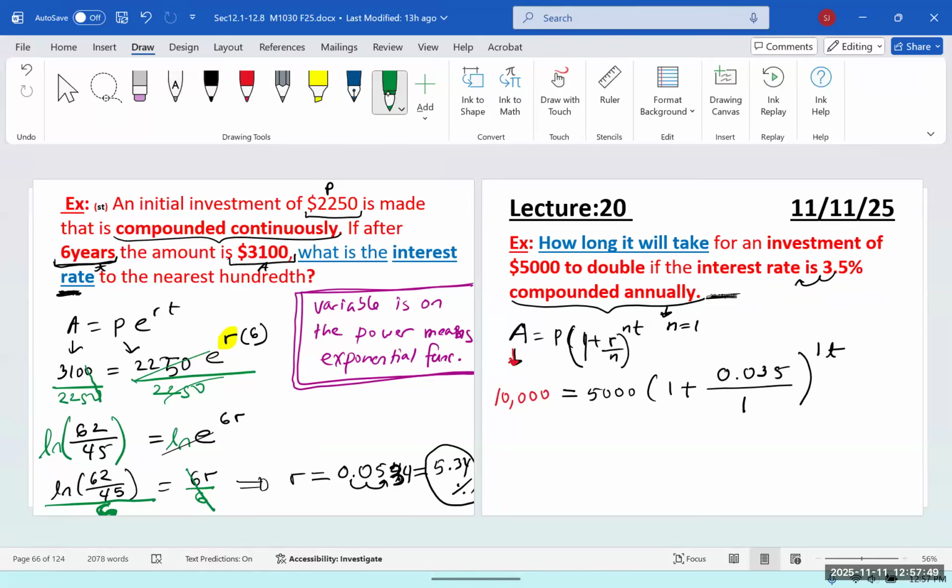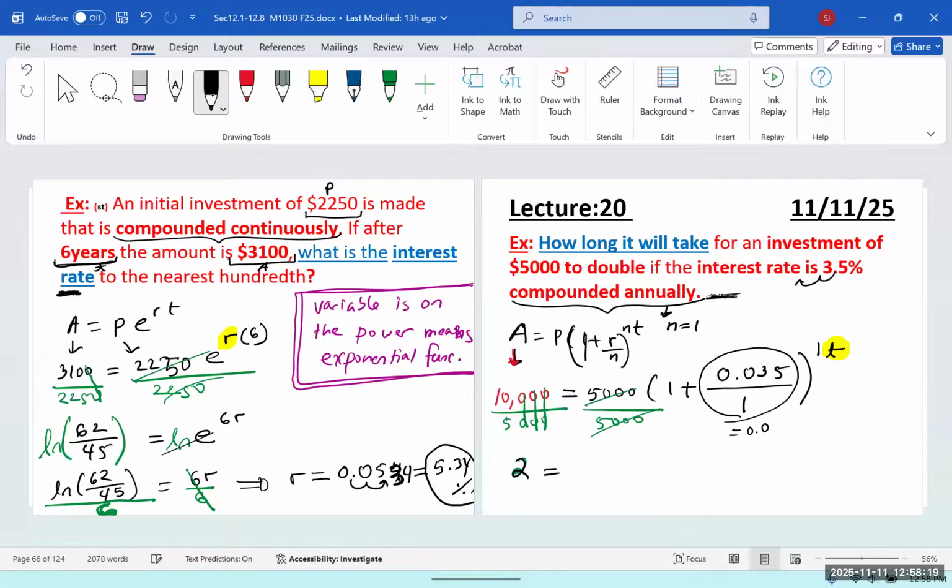So do you remember how you solve it if you want to solve for the variable in the exponent? Divide by 5,000. So they cancel out, and here we get 2. And this one, anything divided by 1 is the same thing.